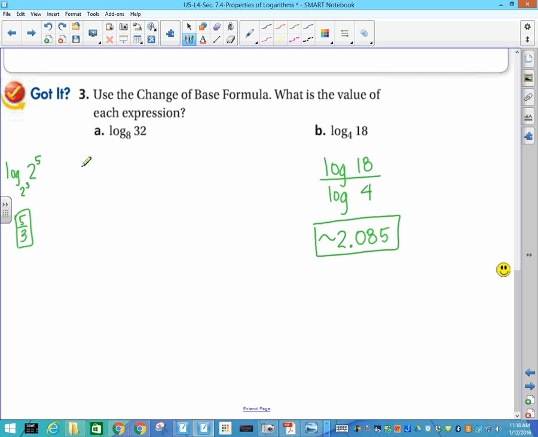This would be one where you would use the base you want, because you could still do the change of base formula to evaluate it. Log base 2 of 32 over log base 2 of 8.